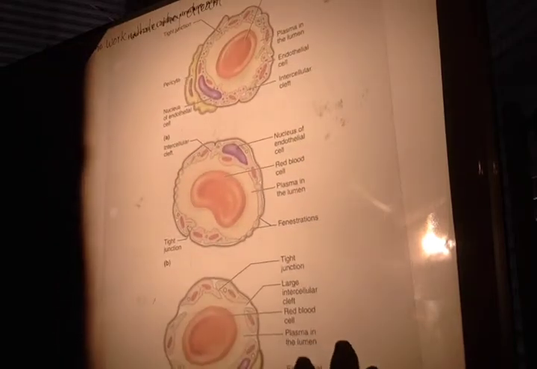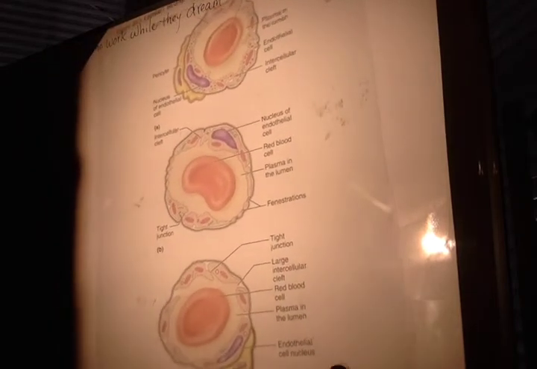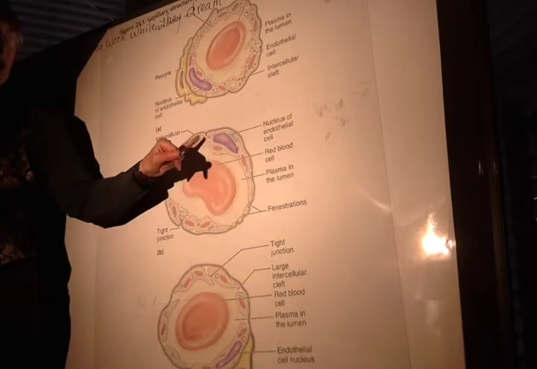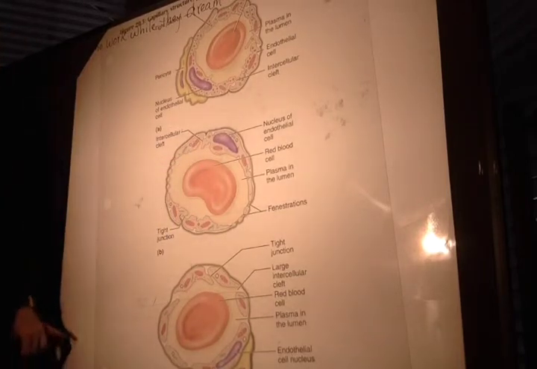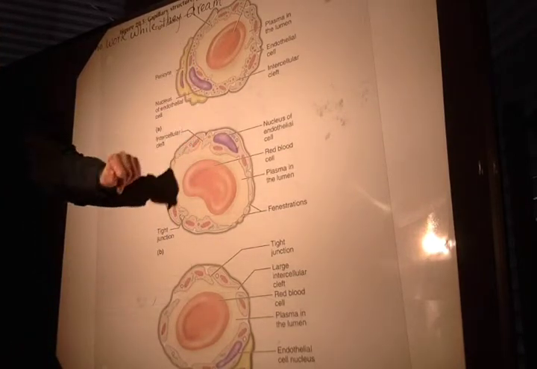and we said that capillaries leak. You have your simple squamous epithelial cells. You have some supporting cells called pericytes.